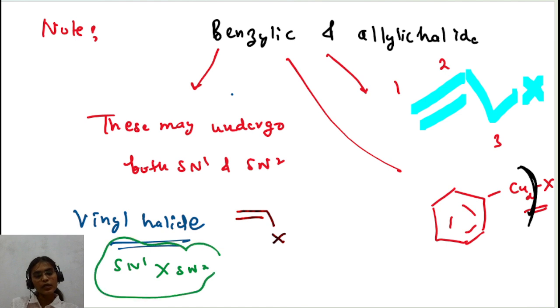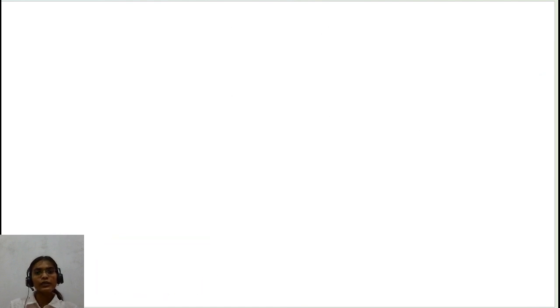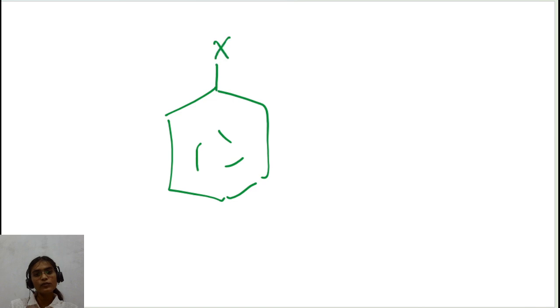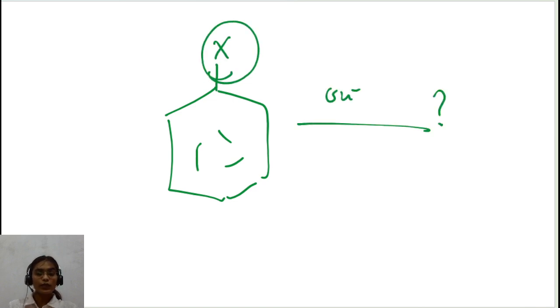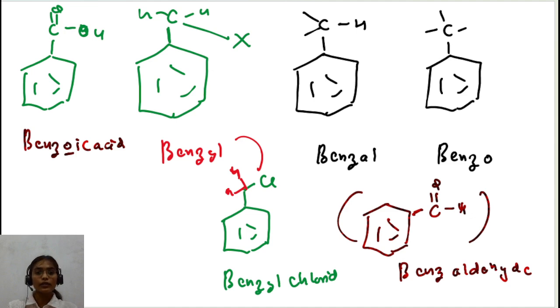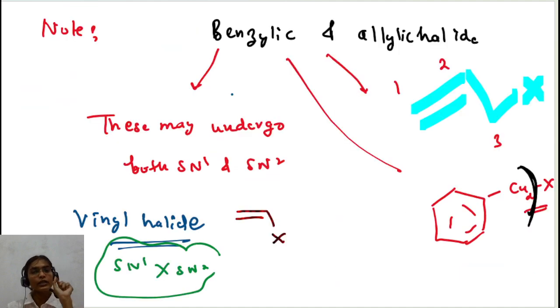If you remember, I asked earlier: if I have a benzene with a halogen, is it possible to replace this halogen with an OH group? Your answer was no. Why? Because of the partial double bond character and the sp2 hybridization, it is very difficult to break the bond. Hence, the conclusion is that only in allyl or benzyl the SN1 and SN2 mechanisms are possible, but not in vinyl halide. That's it.